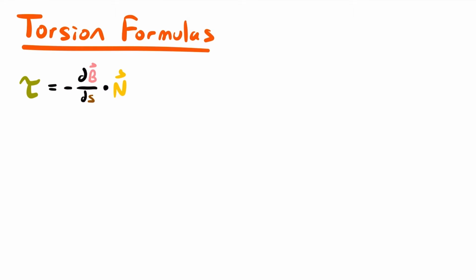The first thing we're going to do to change our torsion definition to be in terms of t is rewrite the derivative of the unit binormal vector with respect to s. All right, and so remember that that would come from this vector function. You would have vector B of s, all right, this is before you take the derivative. And another way that you could write that is like this.